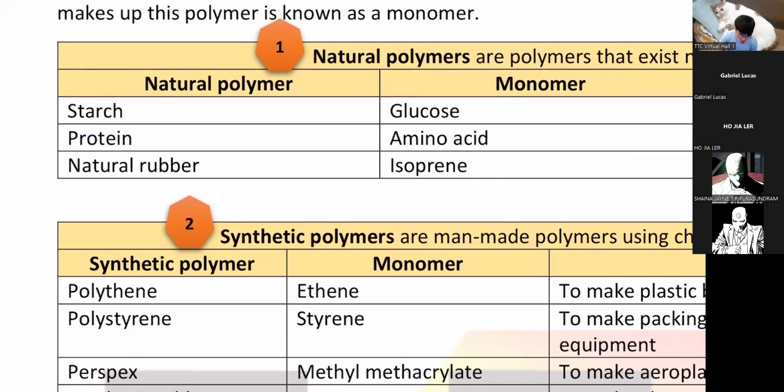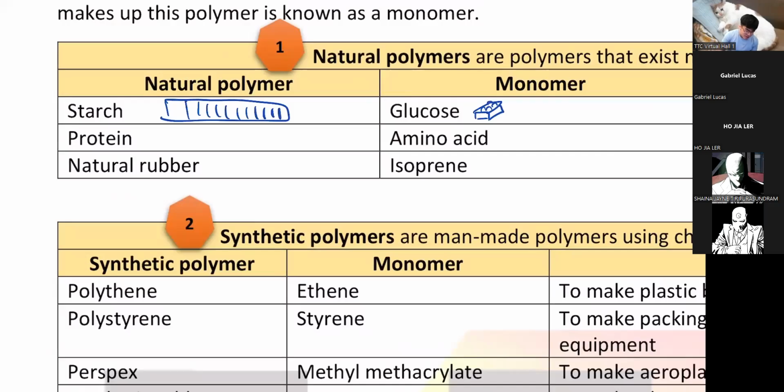So you see, glucose is a monomer, starch is a polymer. I make it long. You see, this is the simplest Lego. Glucose is one block of Lego, and then your starch is a long chain of Lego, if you will.